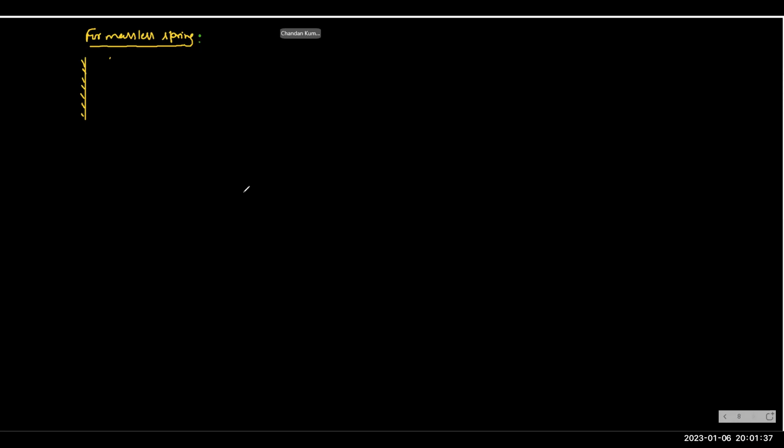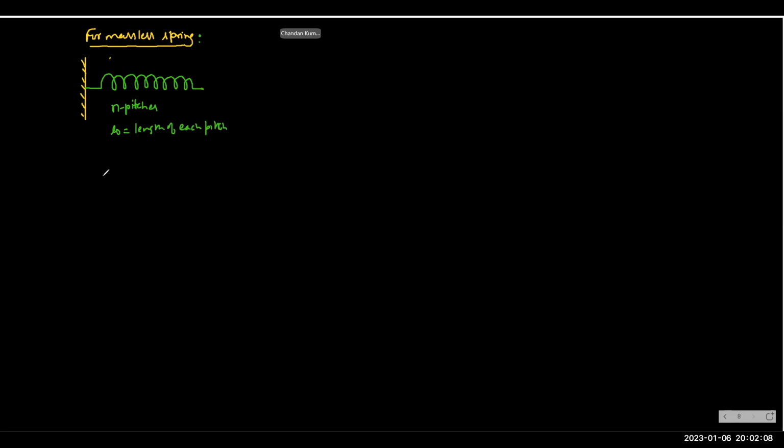What does it mean? So imagine this is the spring. This is called the natural length. Let's say we have n pitches. And let's call L naught equals to length of each pitch.